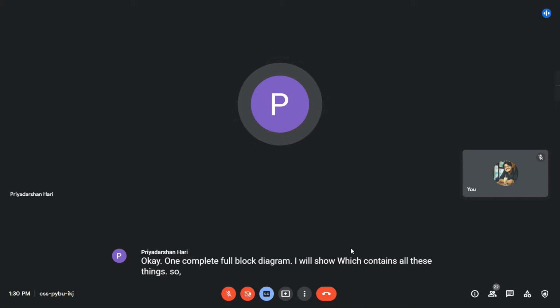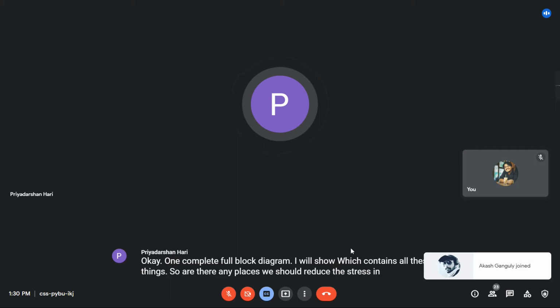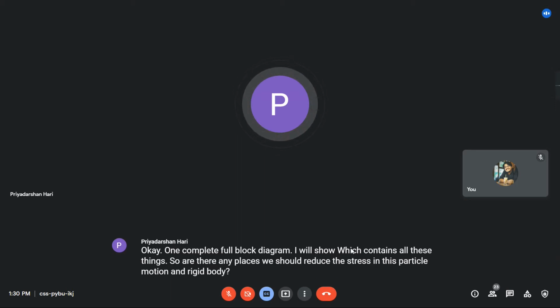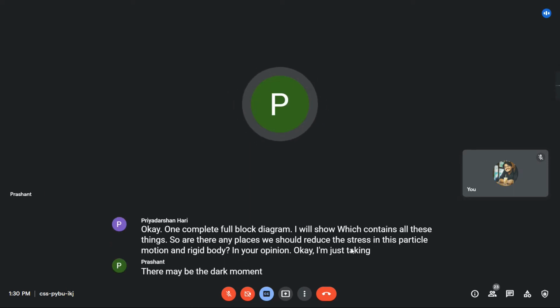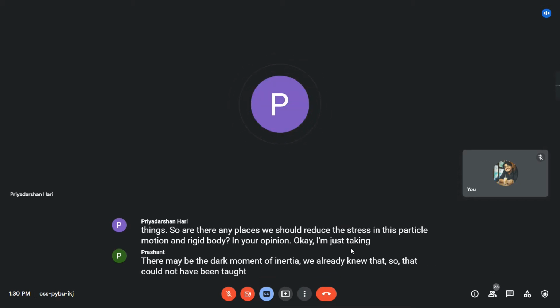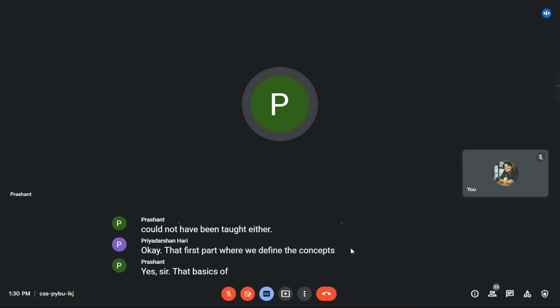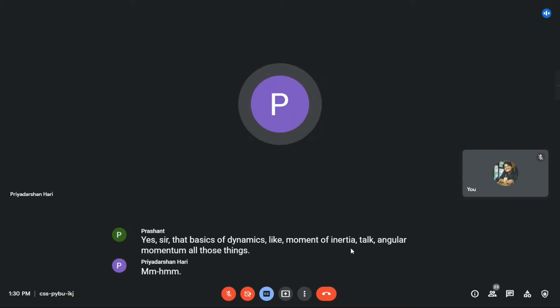So, are there any places we should have reduced the stress in this particle motion and rigid body, in your opinion? I'm just asking. Sir, maybe torque and moment of inertia, we already knew that, so that could not have been taught either. Okay, that first part where we defined the concepts. Yes, sir, the basics of dynamics like moment of inertia, torque, angular momentum, all those things. So probably I should have started directly from the tensor of inertia then.